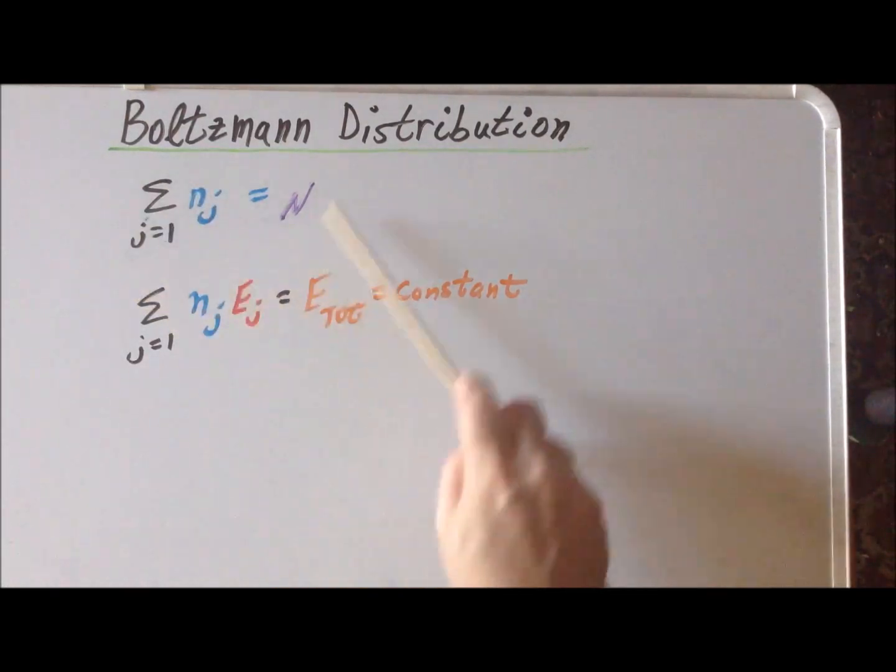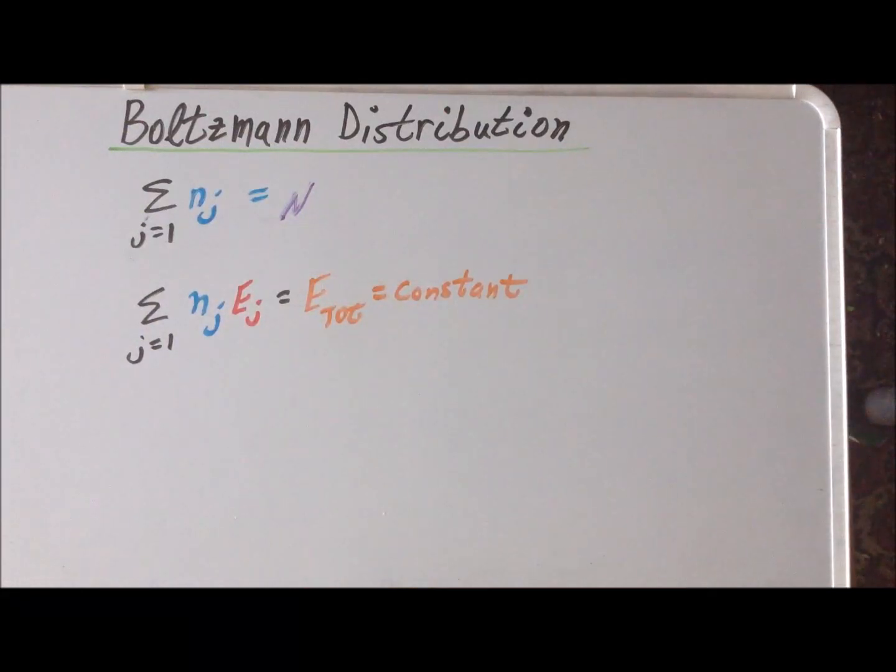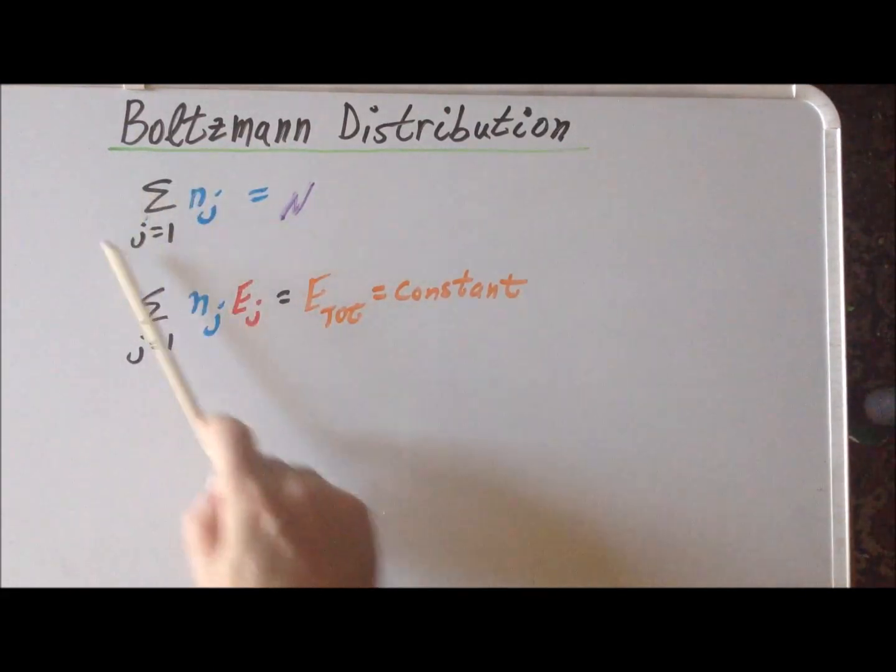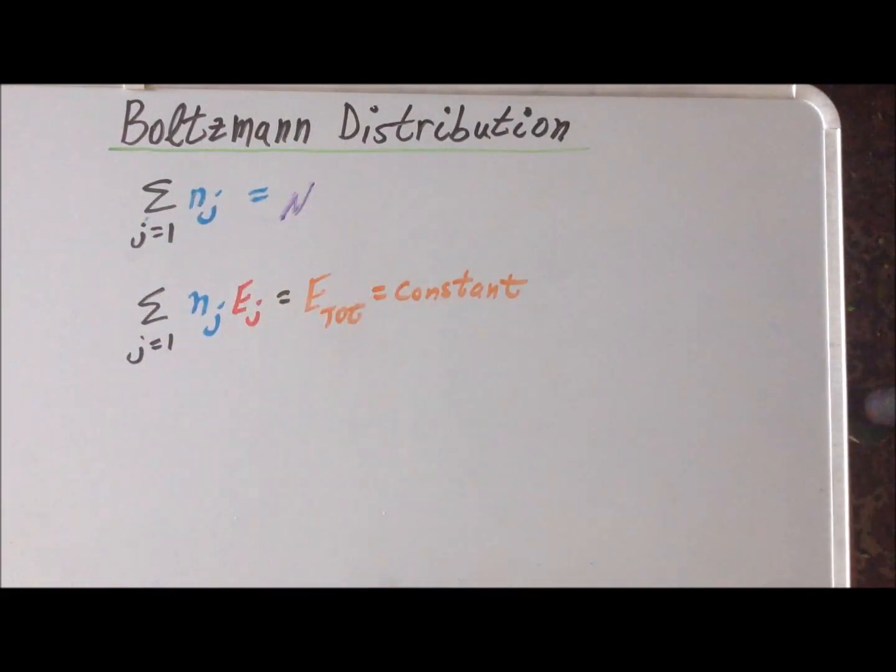The first is that each of the systems has some particular energy level, so if we sum over all the levels, we get the total number of systems. And the second summation tells us that if we sum up the energies of each of the systems, we're going to get the total energy of the system, which is going to be a constant.